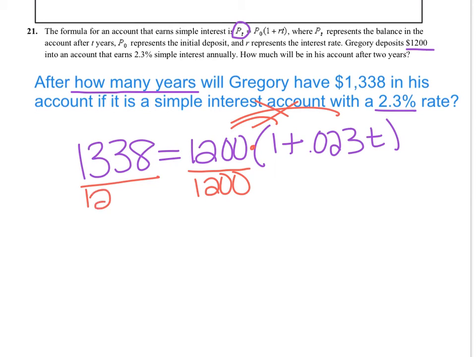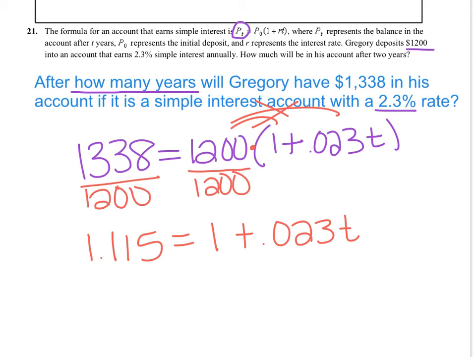So I'm going to do $1,338 divided by $1,200. And when I do that, I get 1.115 equals 1 plus 0.023 T. Now I'm going to subtract 1 from both sides. Don't look at the T yet, it has the variable. You want to move this one first. So let's move it over by subtracting.